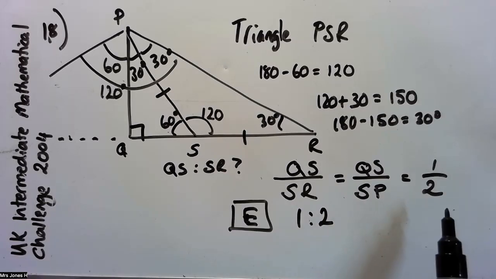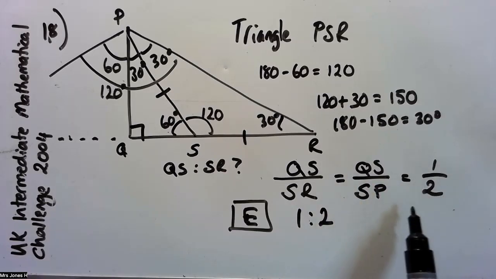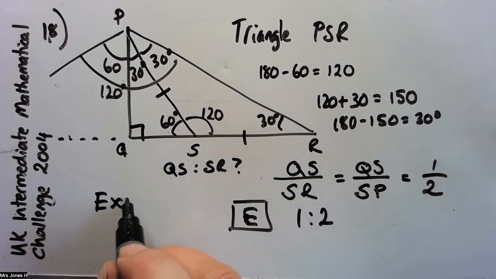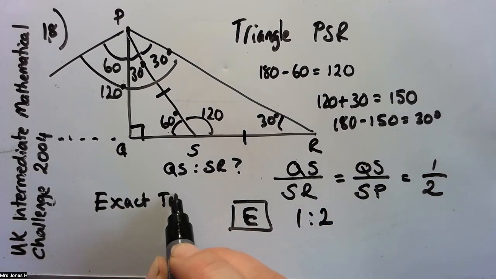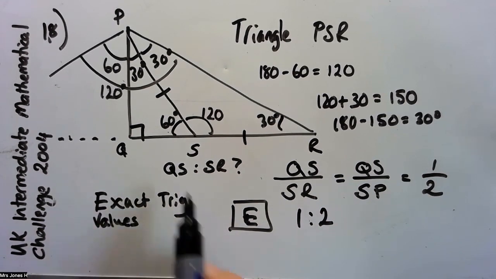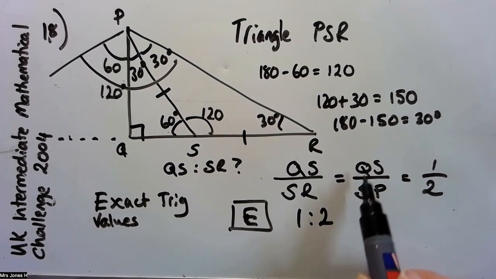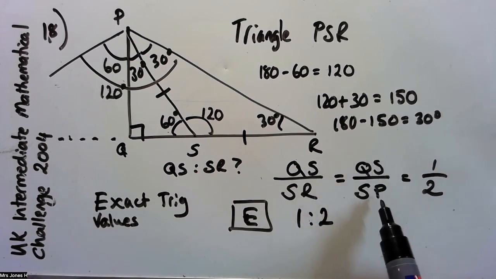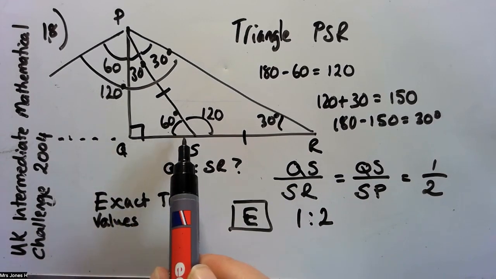I think perhaps I went through this step here a bit fast. If you know your exact trig values, you Google exact trig values, we're looking at a trigonometrical ratio here. We've got two sides of a triangle.